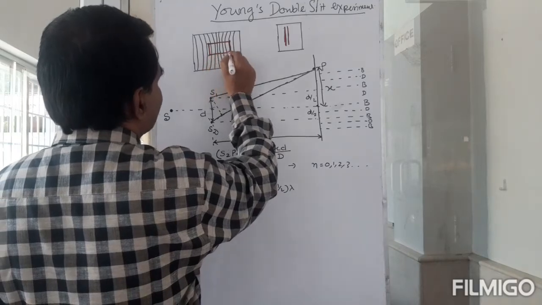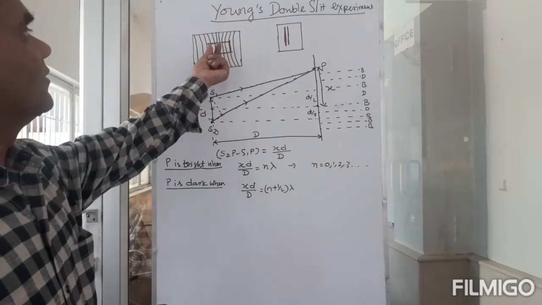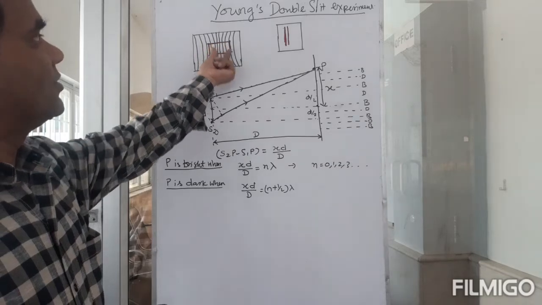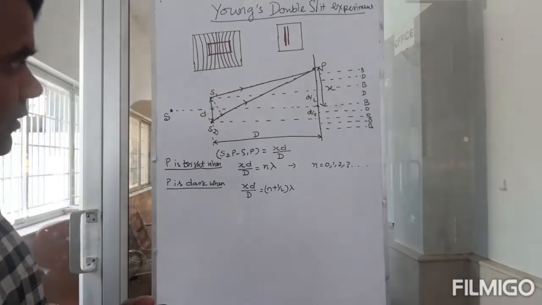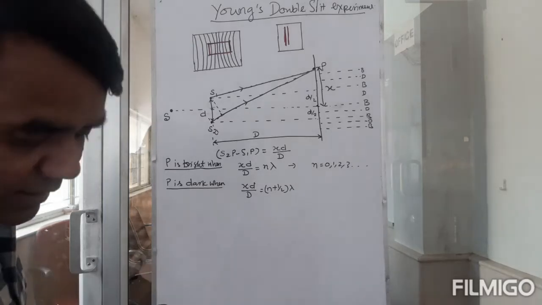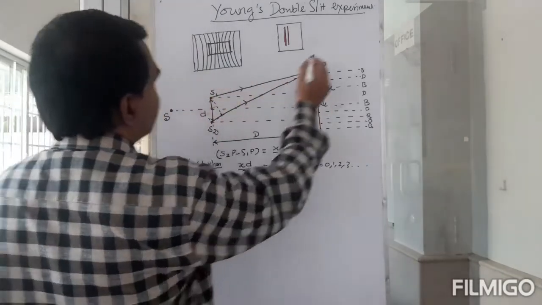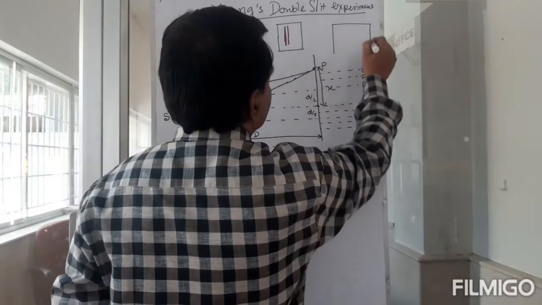But if you are focusing on a very small area on the wall, then you can see that they're pretty much straight. So for all practical purposes, you will find something like this on the wall.